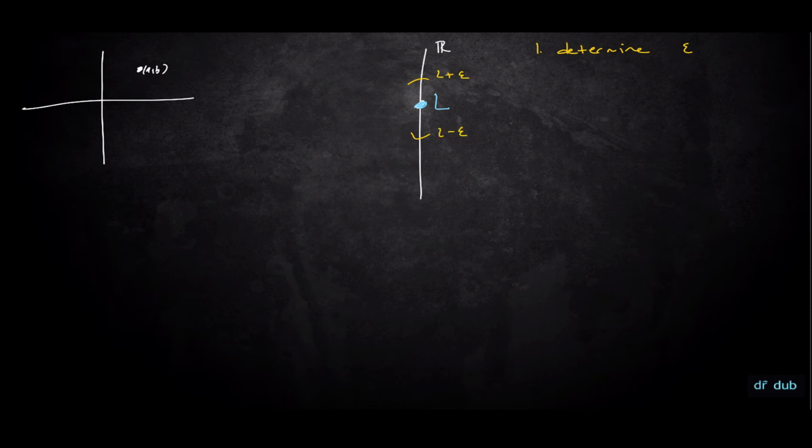Once you know how close you want to be to L, you should then be able to determine a circle of radius delta around the point a, b such that you pick any point in there, x, y, then f of x, y will be somewhere in this interval, L minus epsilon to L plus epsilon. So determine epsilon, find delta.